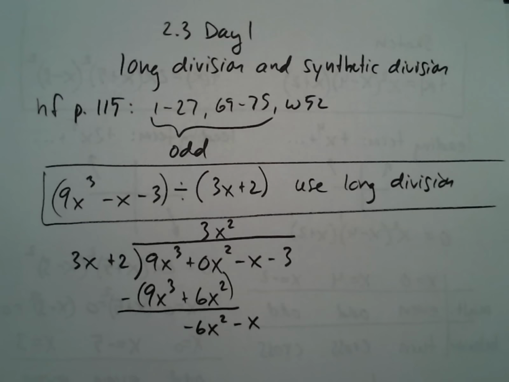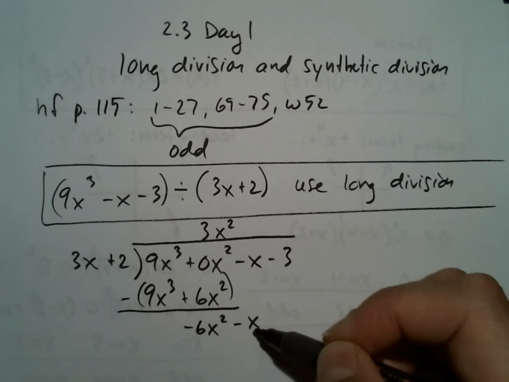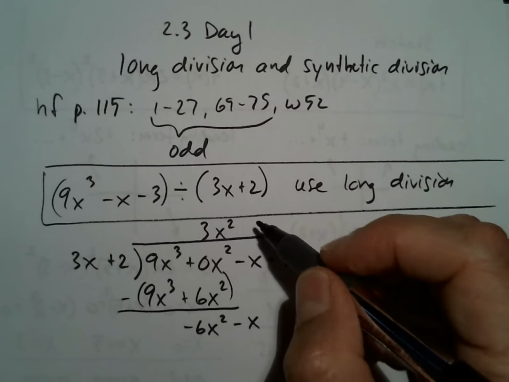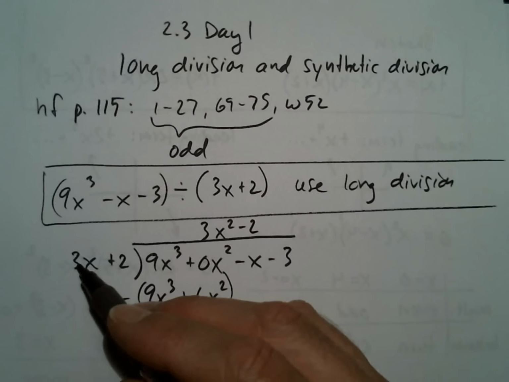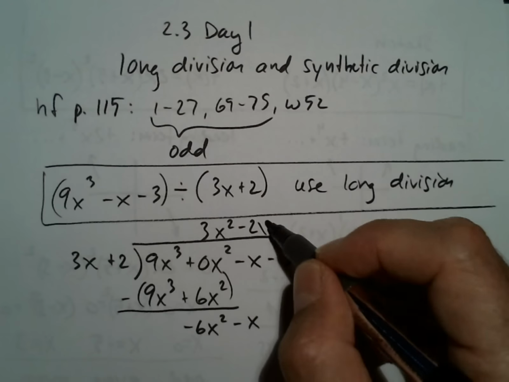And we subtract, bring down the negative x. What times 3x gives you negative 6x squared? We need a negative 2 times 3 to get negative 6, and then we'll need an x.